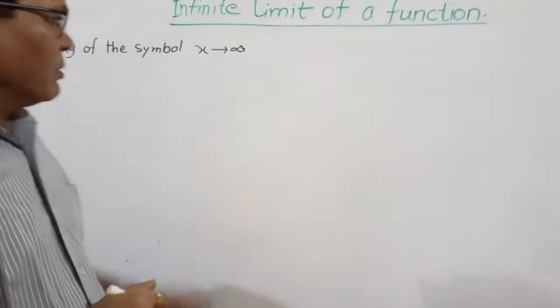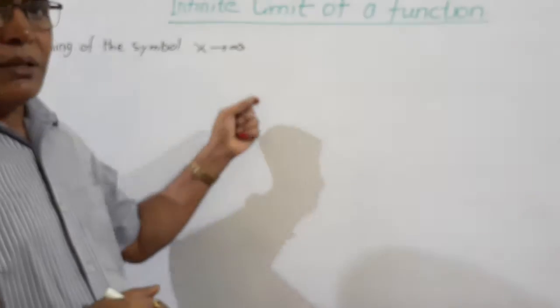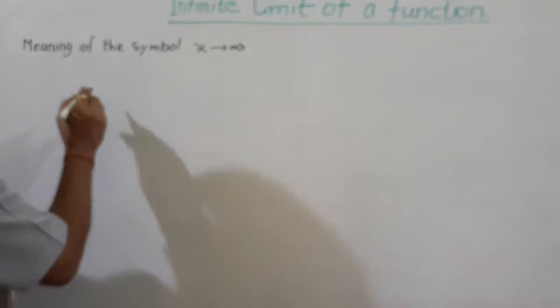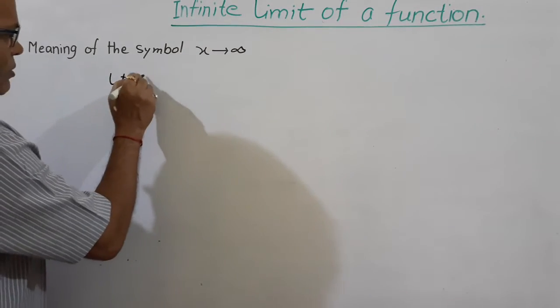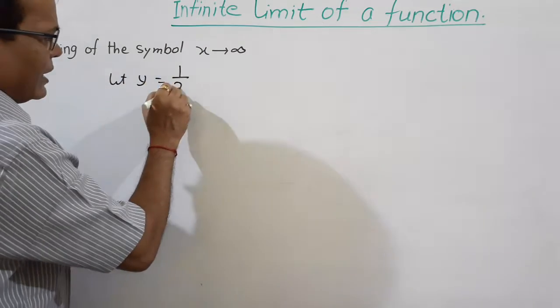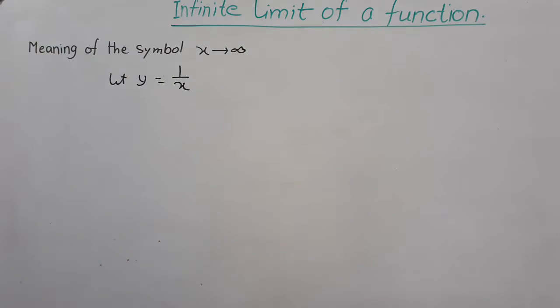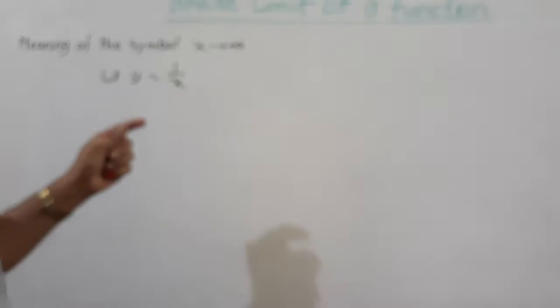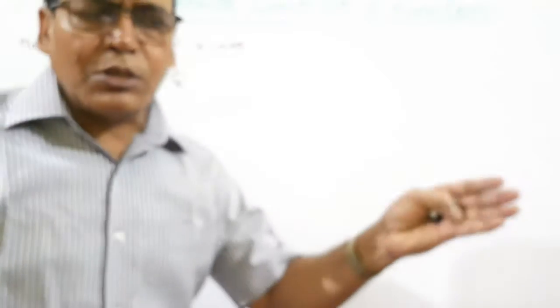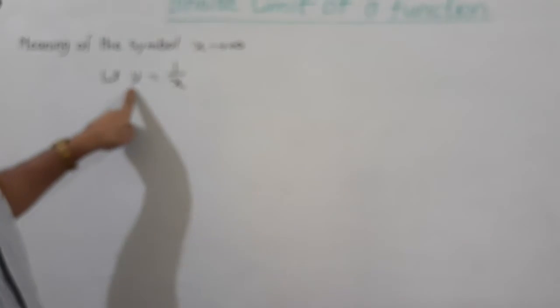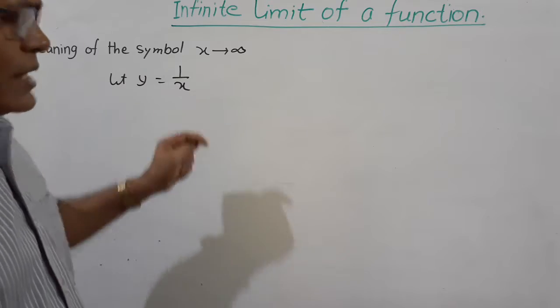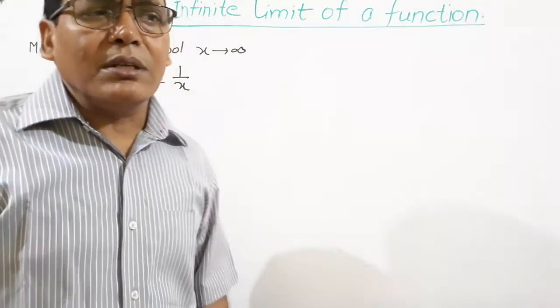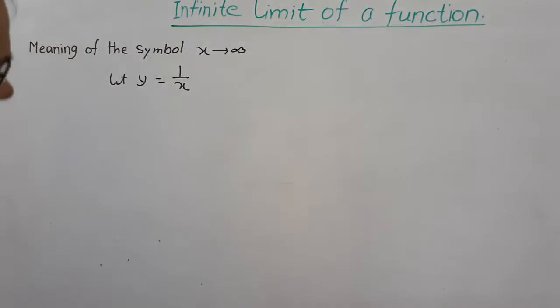Since you are learning this for the first time, suppose y is equal to 1 by x is a function. Then how is x tending to 0, and what is the value of the function, meaning the y value? If x is tending to infinity, how is the y value changing?